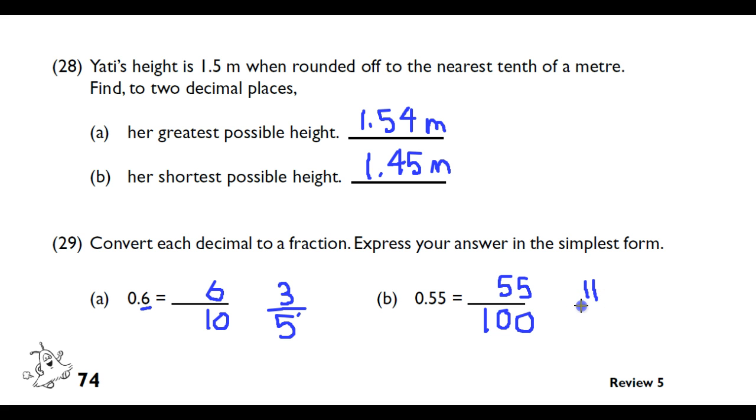Divide 100 by 5 is 20. Can we divide this further down? There are no common factors. So 0.55 changed to simplest form in fraction is 11 over 20.